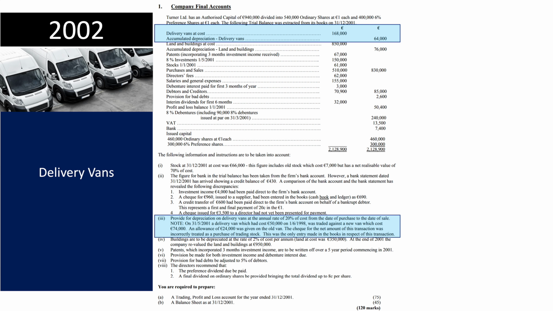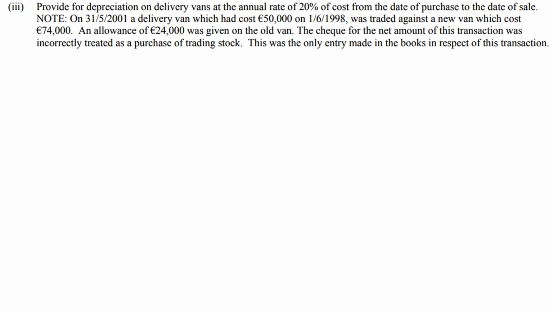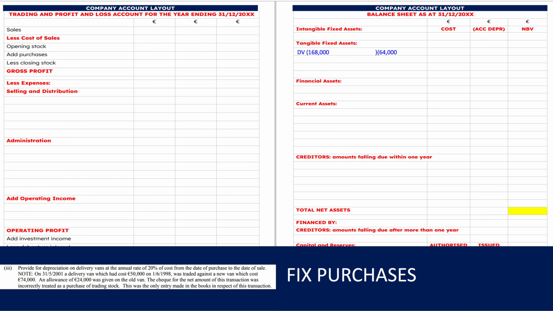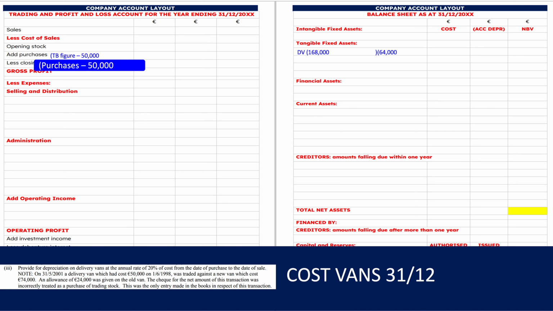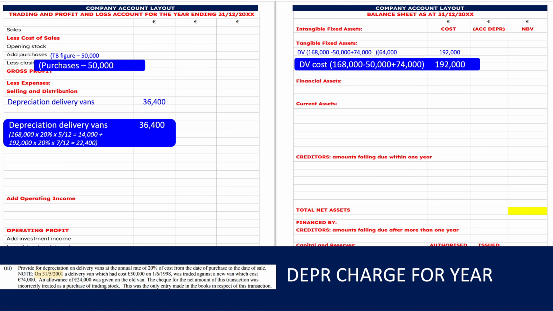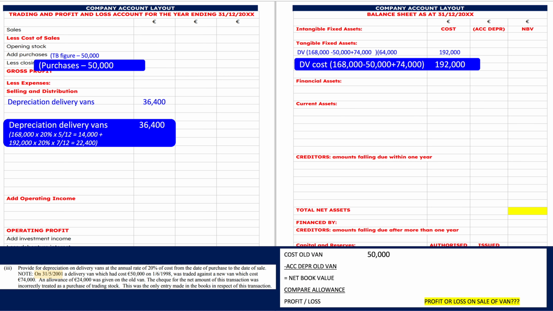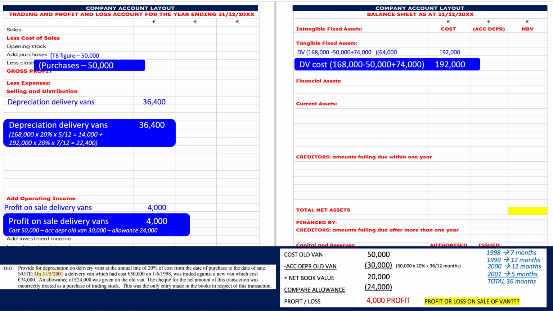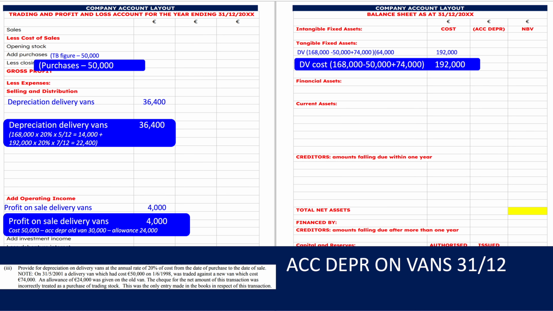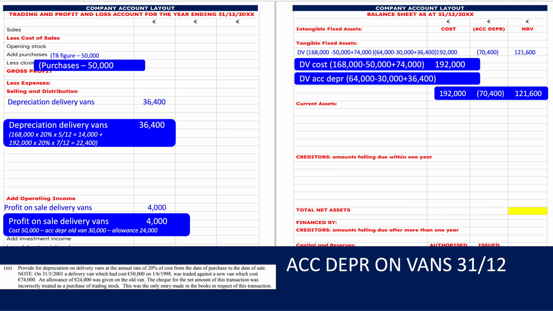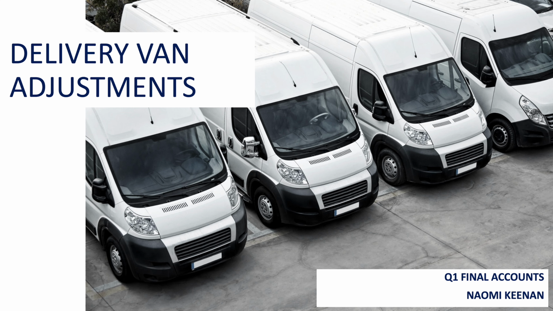All right, and then the last one, 2002 Turner Limited Company account. Okay, so that is all of the delivery van adjustments going back to 2002.